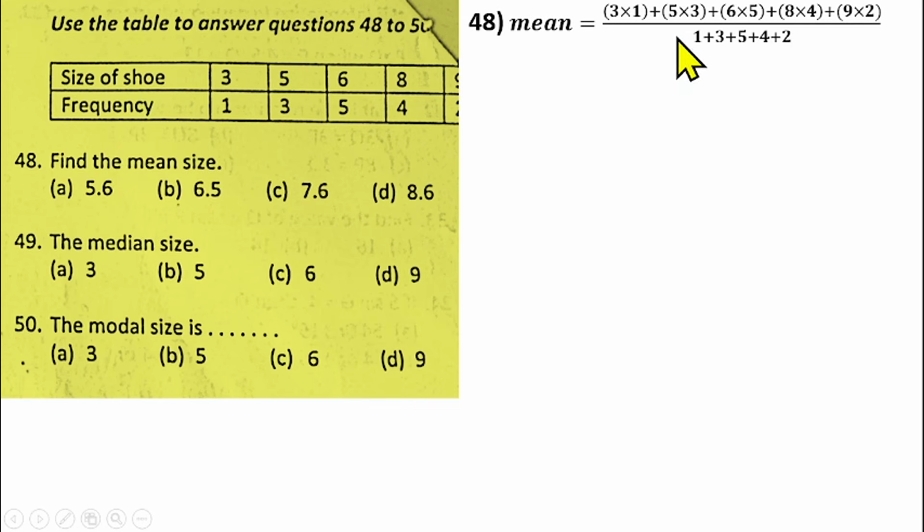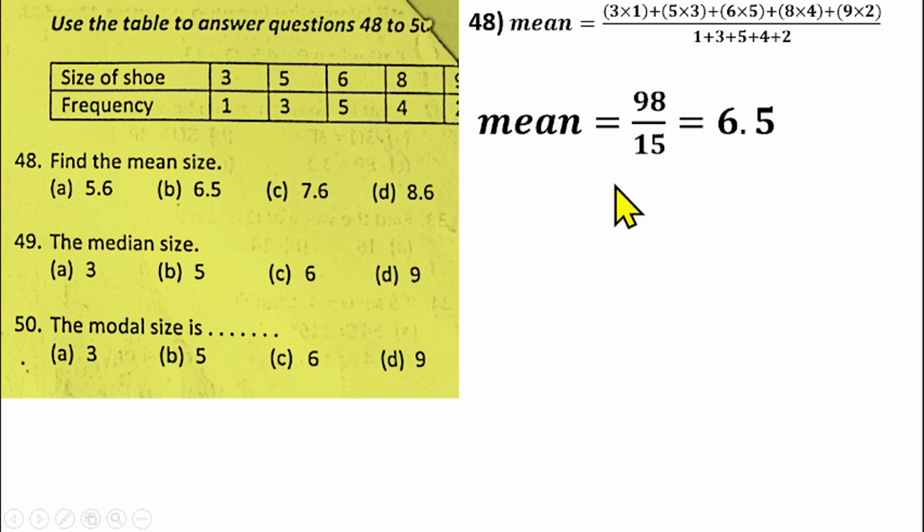To find the mean, all you need to do is multiply X by the frequency: 3 times 1, plus 5 times 3, plus 6 times 5, plus 8 times 4, plus 9 times 2, over the total number of shoes there, which is 1 plus 3 plus 5 plus 4 plus 2. If you simplify the numerator, that gives us 98 over 15, which gives us 6.5, which is option B.